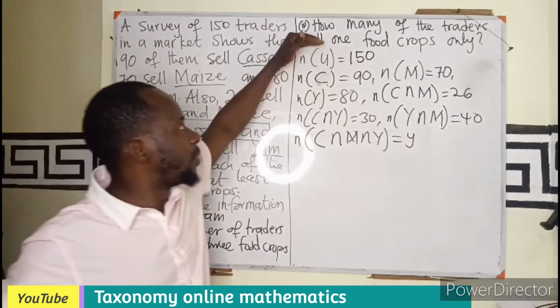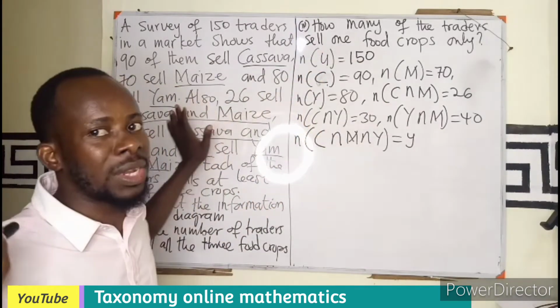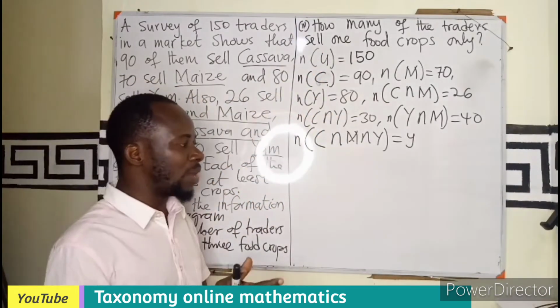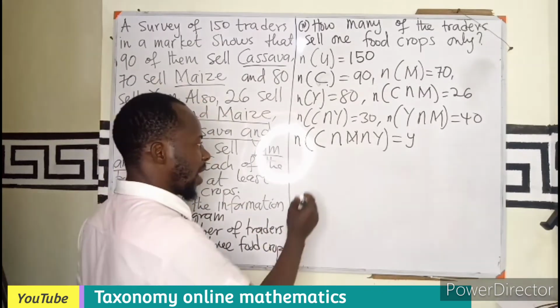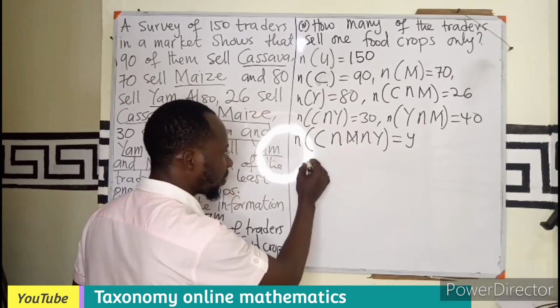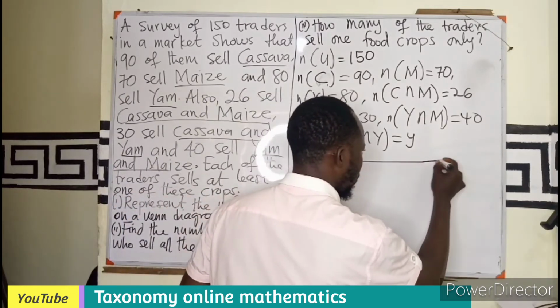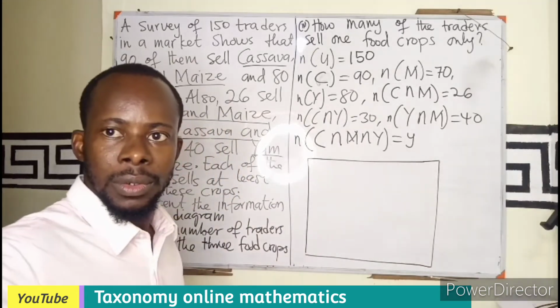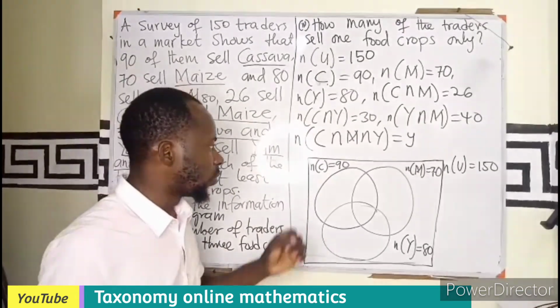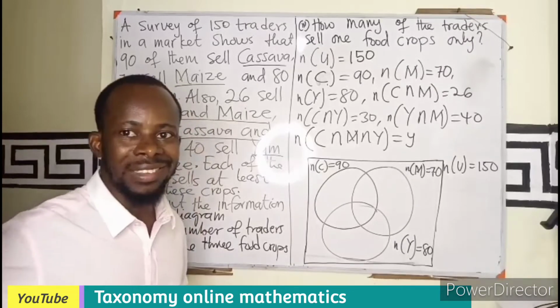So after writing the preamble from the question, these are the information we are going to represent on our Venn diagram. So this is what we have for the three sets.